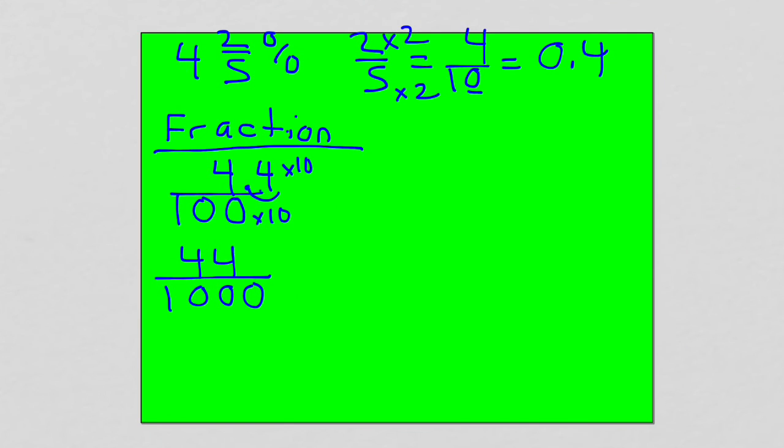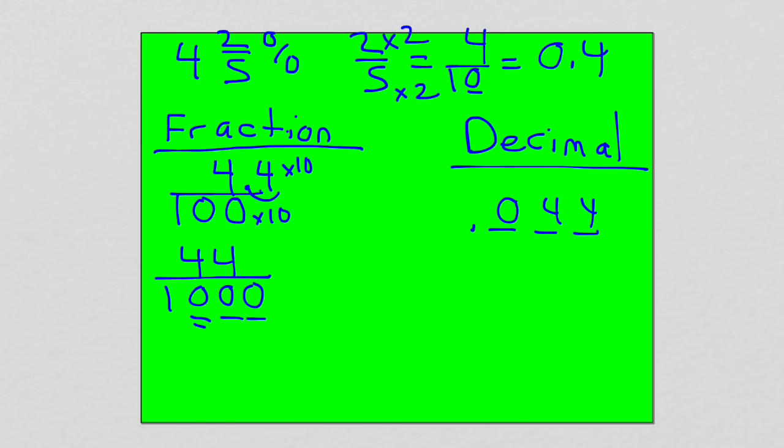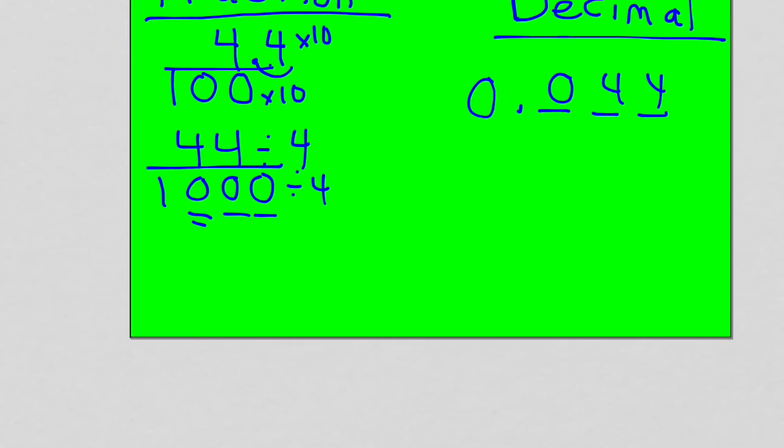At that point, I would do the decimal. Three decimal spots means 3 zeros: 0, 4, 4, and a 0 in front. And to get it in lowest terms, you could divide by 2 twice, or you could divide by 4, because 44 divided by 4 equals 11.